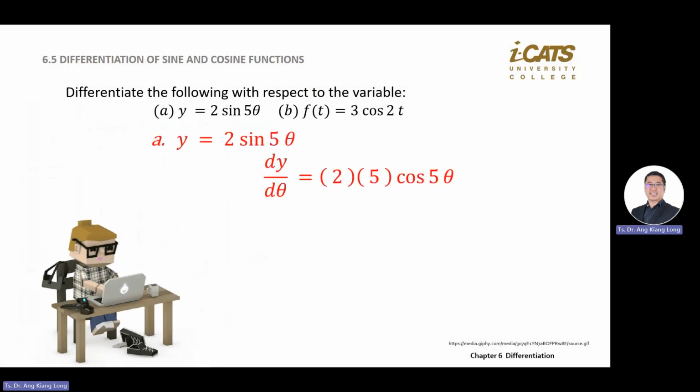So the rest, you write: copy the question, y equal to something, then second step, write dy d theta equal to the general formula, pull the constant to the front, you get 10 cos theta.